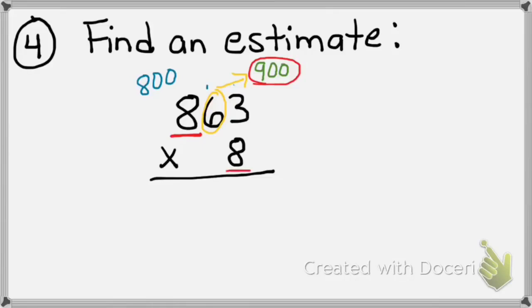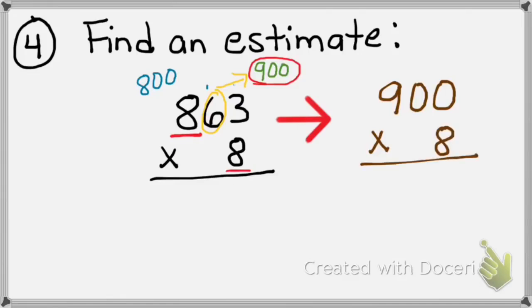Now I'm going to take a look at my next number, which is an 8. That's a single-digit number, and you never estimate a single-digit number. You always keep it as is. So therefore, my new problem would be 900 times 8. We know to solve this problem, we're going to do basic facts. So 9 times 8 equals 72.